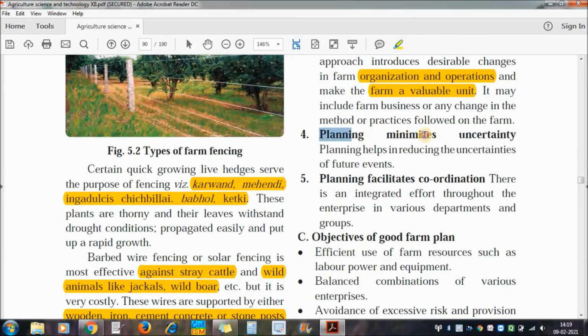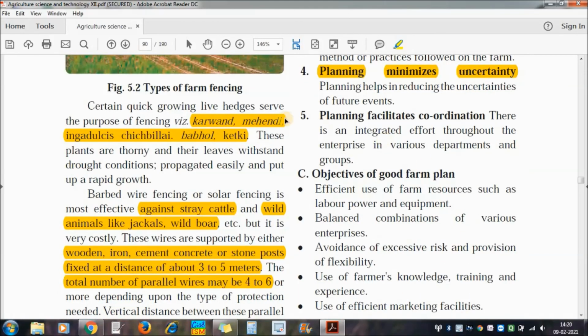Another benefit is that planning minimizes uncertainty. If there is uncertainty about climatic changes, price reduction, or prices of inputs like fertilizers and manures, we can minimize the loss. The last one is that planning facilitates coordination.